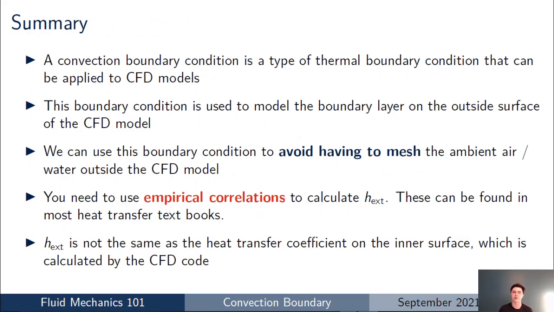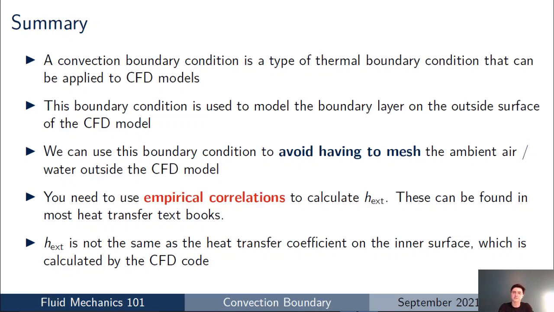So just a summary to wrap up what we've talked about today. A convection boundary condition is a type of thermal boundary condition that we can apply in a CFD model. It's an alternative to a fixed temperature or a fixed heat flux boundary condition. And the reason that we use it is to model the boundary layer and the flow on the outside of the CFD model that we're not including directly in our mesh.